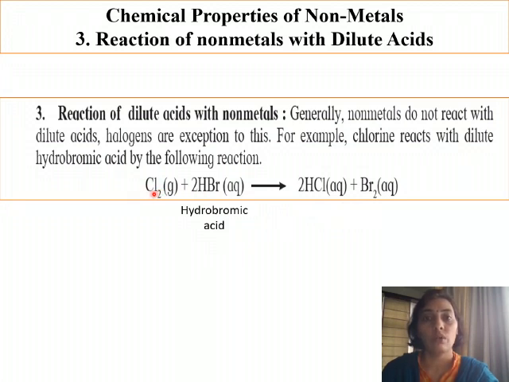Chlorine is bringing about the removal of hydrogen from hydrobromic acid and converting it into bromine. So chlorine is an oxidizing agent in this particular reaction. So removal of hydrogen from HBr to Br2, that is oxidation. Let's move on to the next slide.